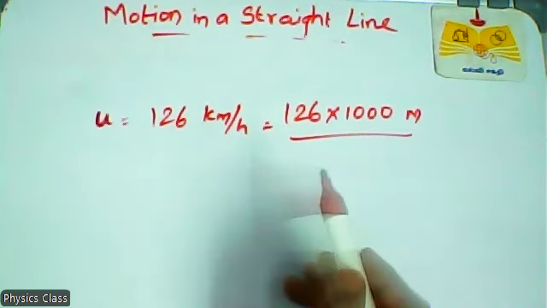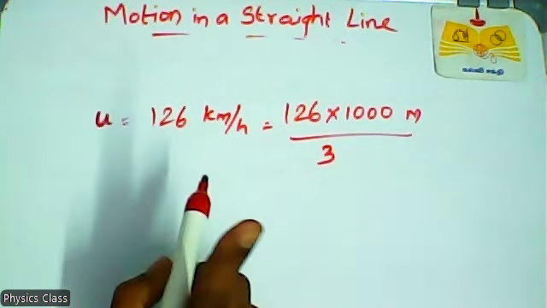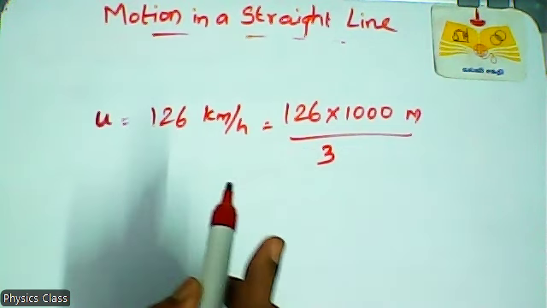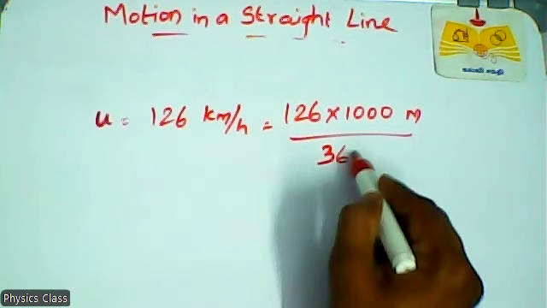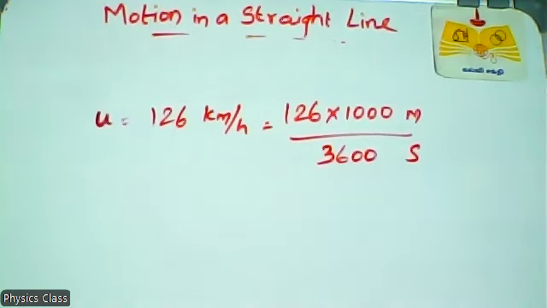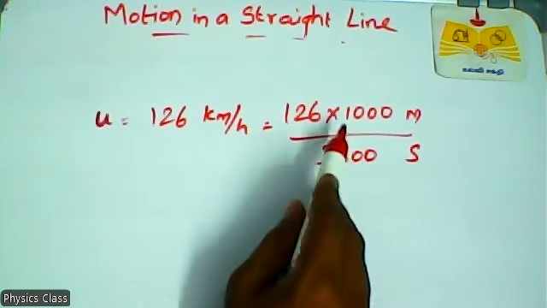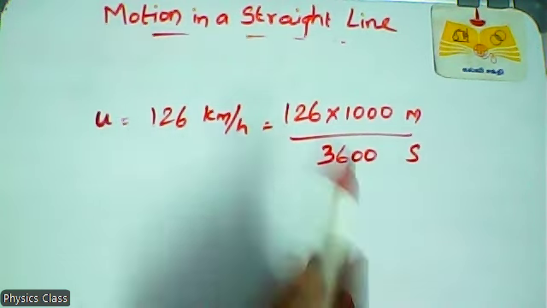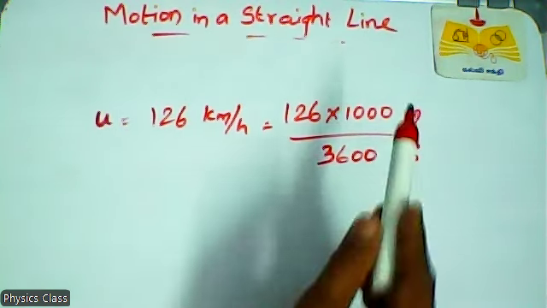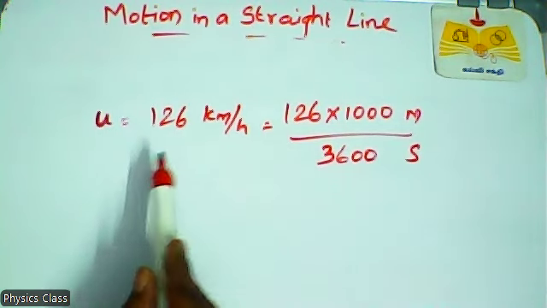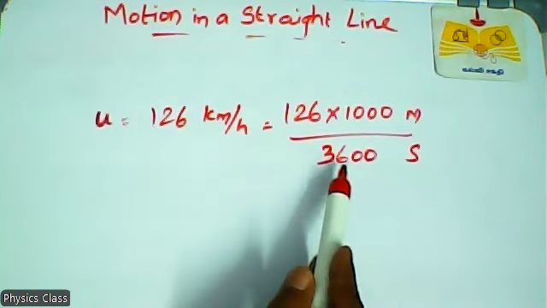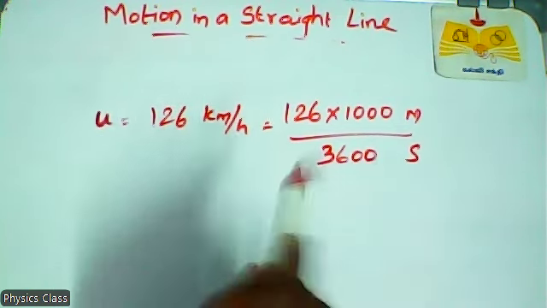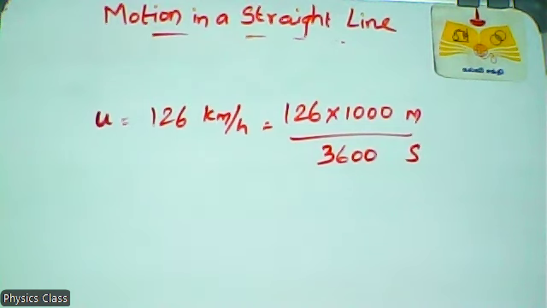For 1 hour we have 3,600 seconds. So we have to divide that quantity by 3,600. Suppose you want to convert meter per second into kilometer per hour, then you multiply by 3,600 and divide by 1,000.